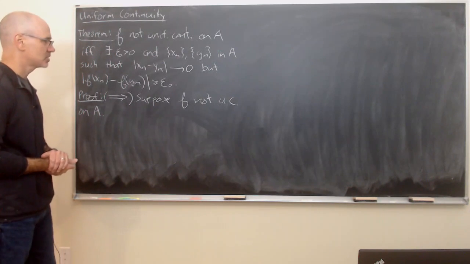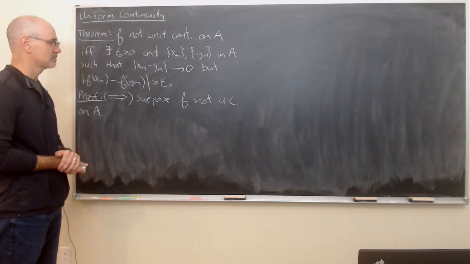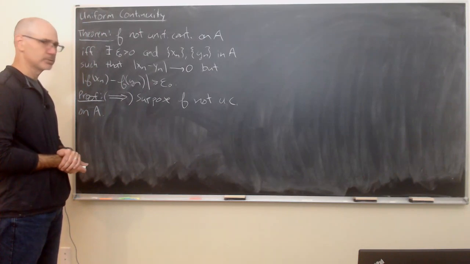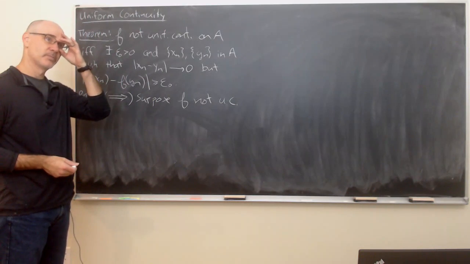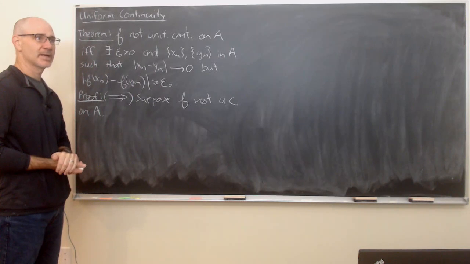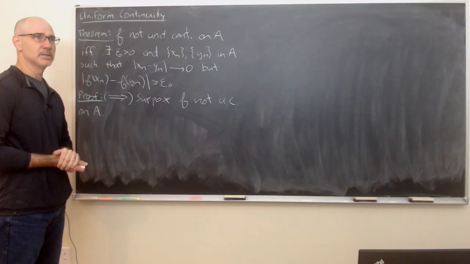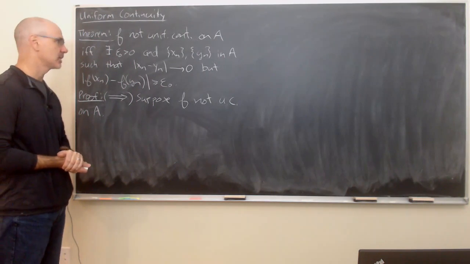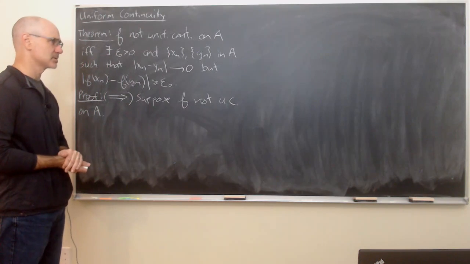Now, showing that something isn't the case can be tricky because you have to have a firm grasp on the negation of the definition, and our definition for uniform continuity is kind of involved.